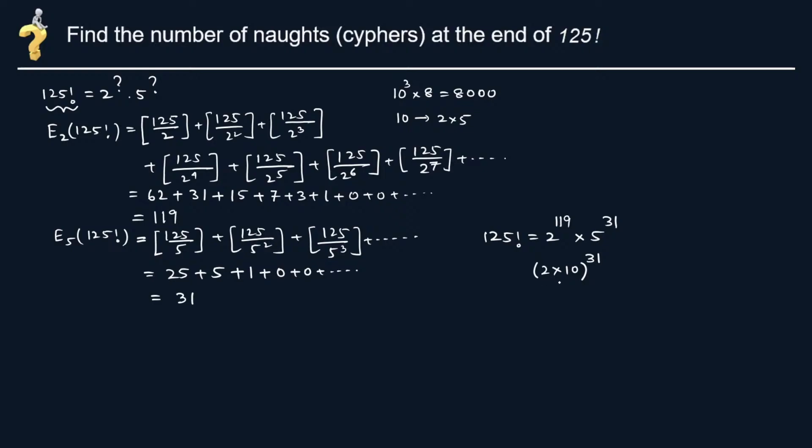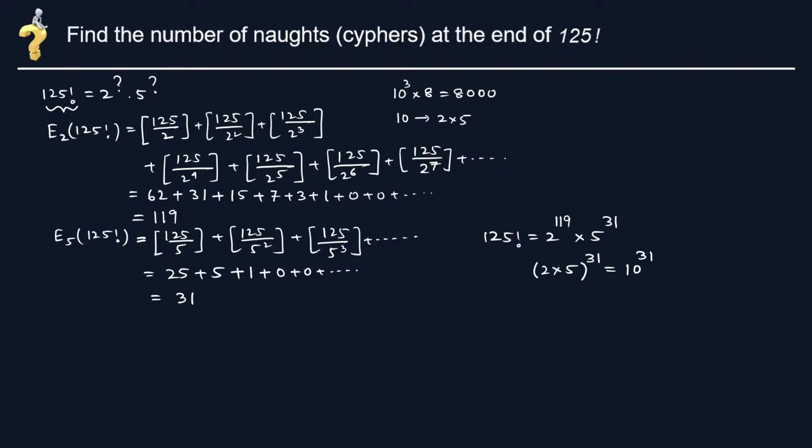So we have taken that, and we have seen that it's not 10, it's 5. Therefore, we are getting the exponent of 10 as 31. Hence, there will be 31 ciphers at the end of 125 factorial.